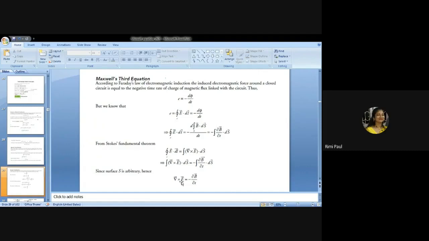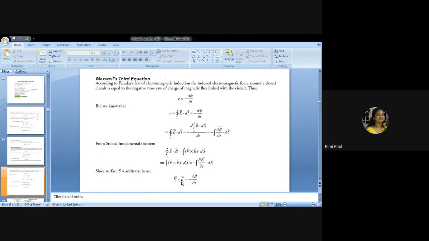How? From the last two equations we will see that if we consider a time varying field, we'll get two equations, and these are directly related to a wave equation. So electrostatic and magnetostatic are special cases of electromagnetic wave fields.